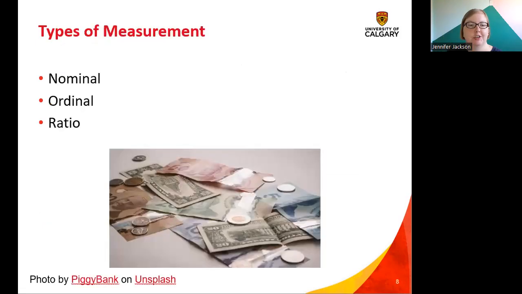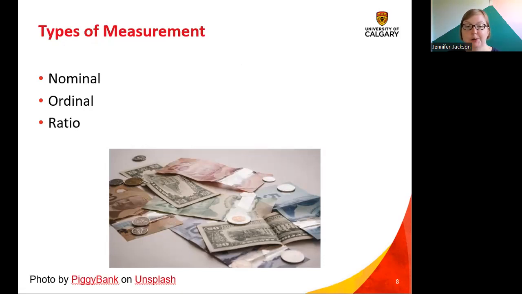So another factor to consider is the type of measurement. And so when you're looking at a variable, you can have variables that are measured in different ways. So this, again, we're in slightly complicated territory here, but I'm going to provide a brief overview so that we can think about the types of testing statistically that we do in quantitative research.